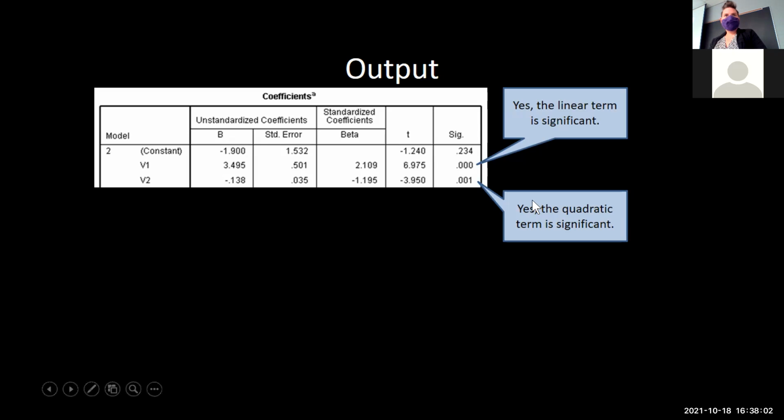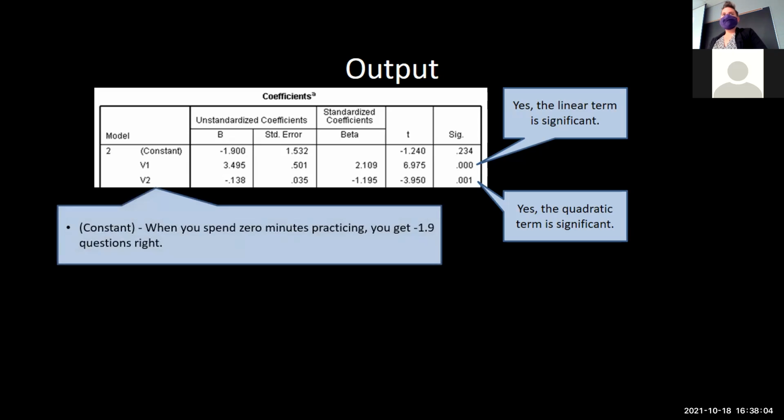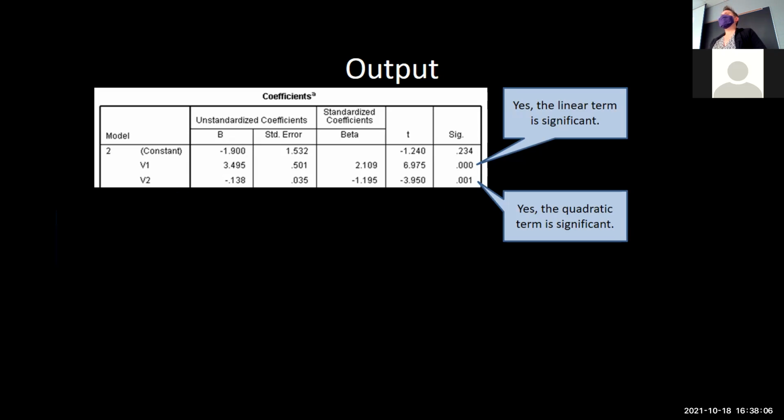So let's talk about interpretation. Just for a second, think about what I've just done: I've taken one variable and multiplied it times itself. Now, do y'all remember in interactions, what we did is we took one variable and multiplied it by another variable. And then we had to interpret things slightly differently once we used that multiplication term.